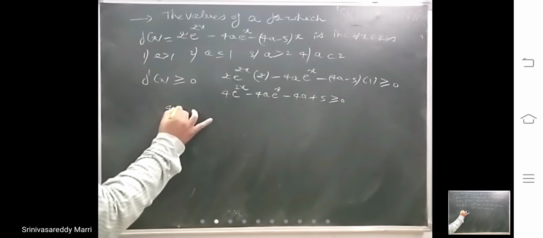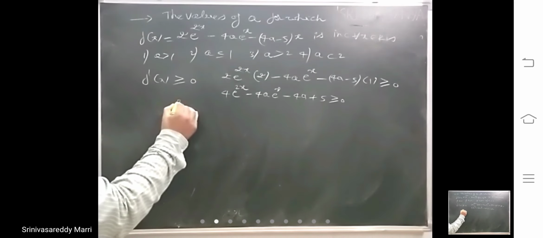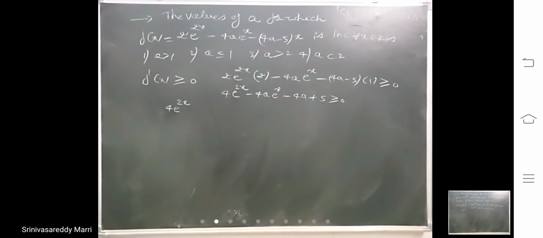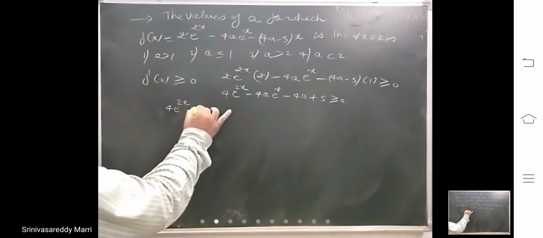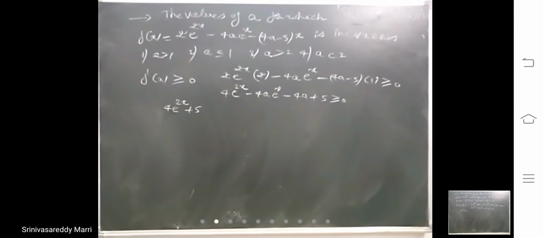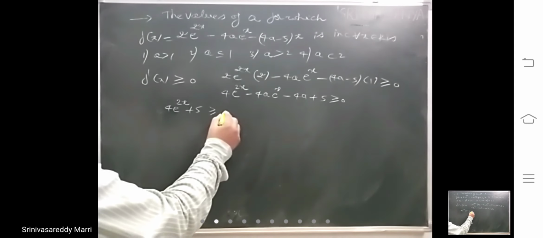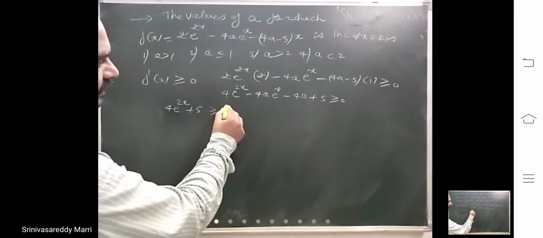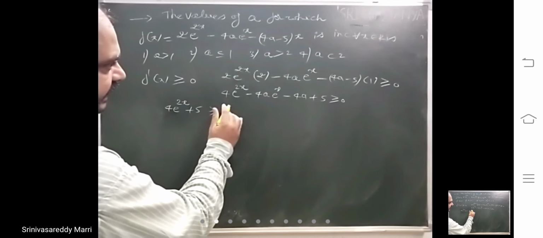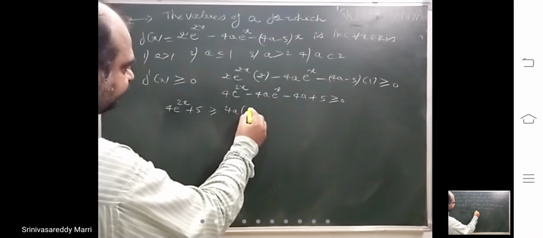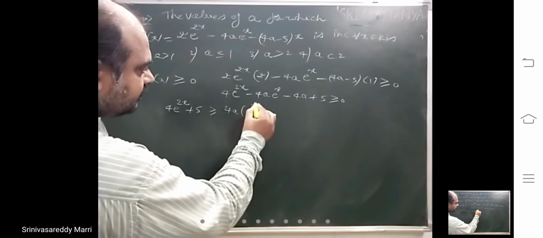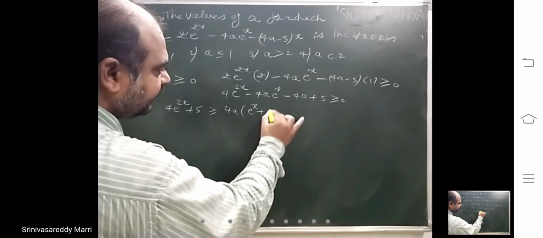Look at 4e power 2x plus 5 greater than or equal to 4a into (e power x plus 1).